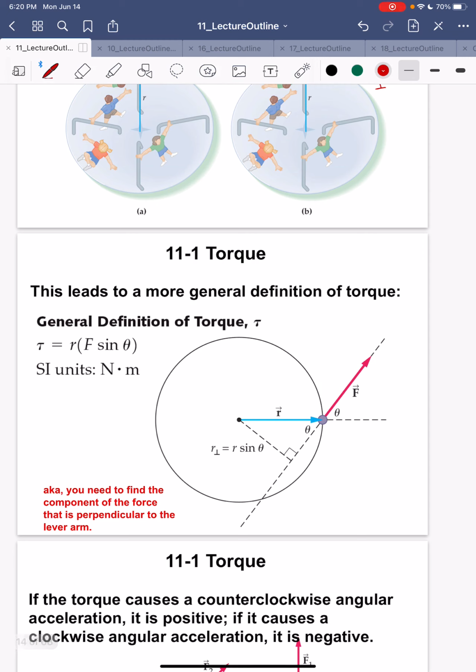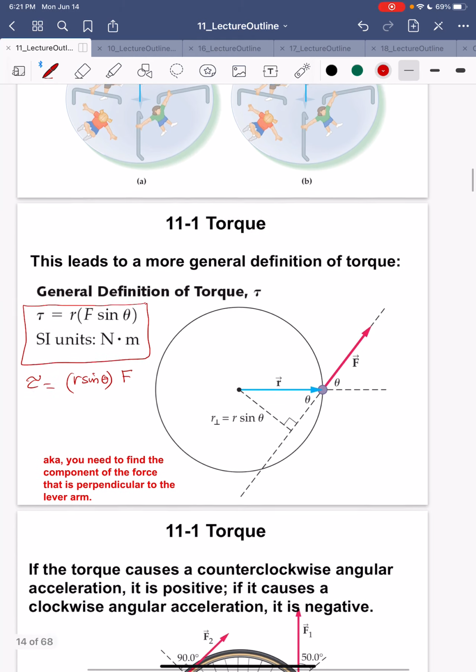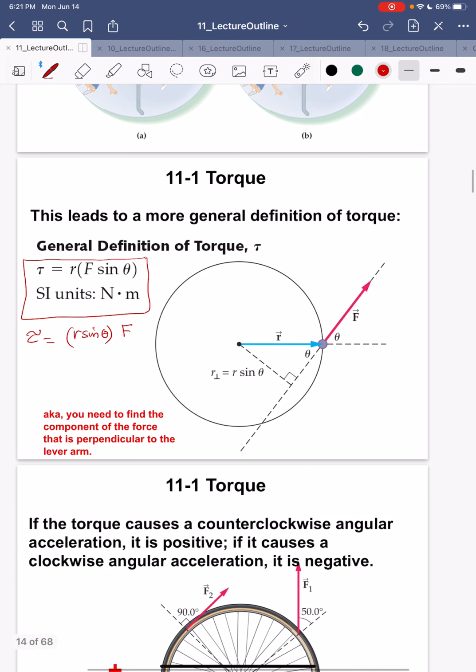This leads to the equation I introduced for you, tau equals R F sine theta. We can write this as R sine theta times F. Either way is going to work. You need to find the component of the force that is perpendicular to the lever arm.